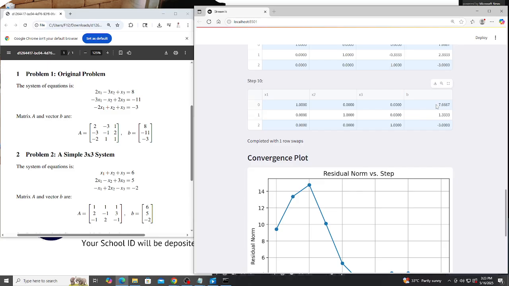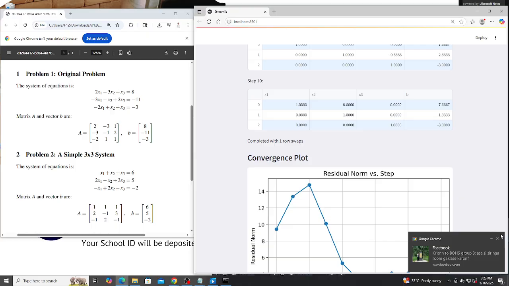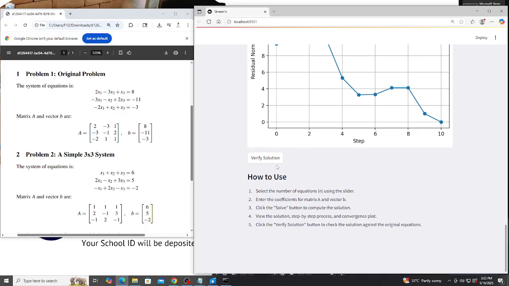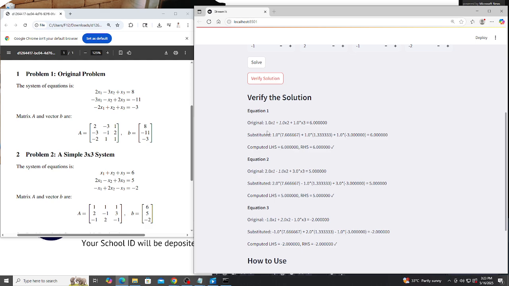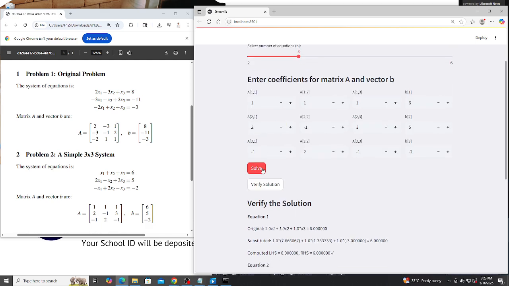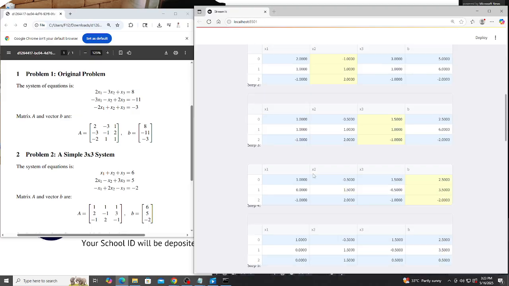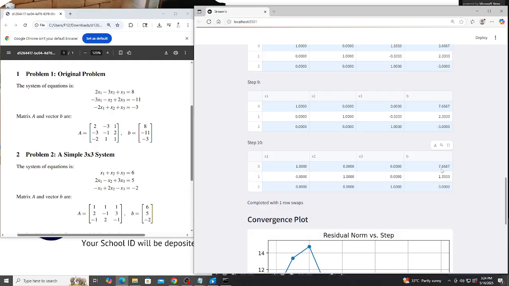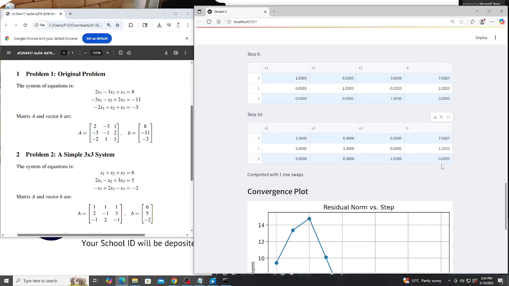As you can see, here is the final vector, so let's also verify the solution. We just substitute the numbers at the last part: 7.667, 1.333, and -3.